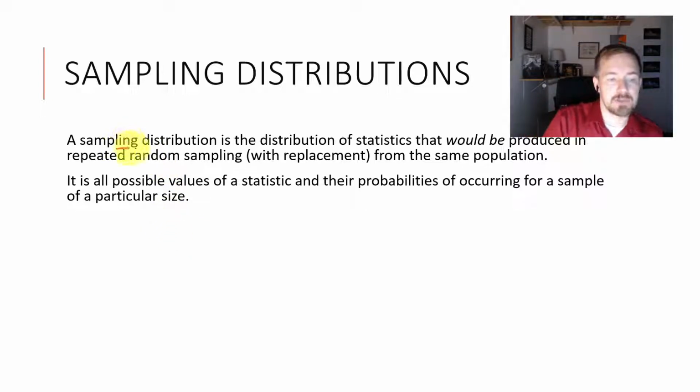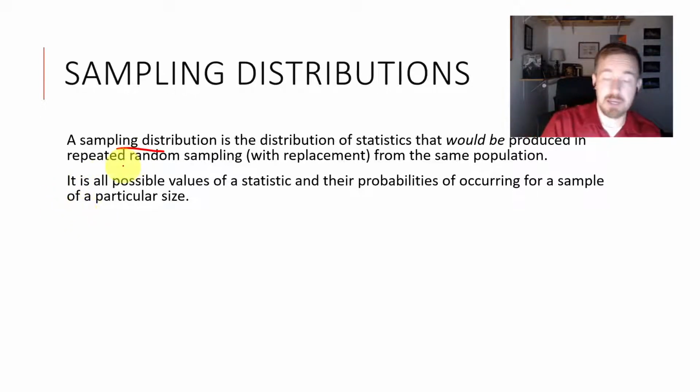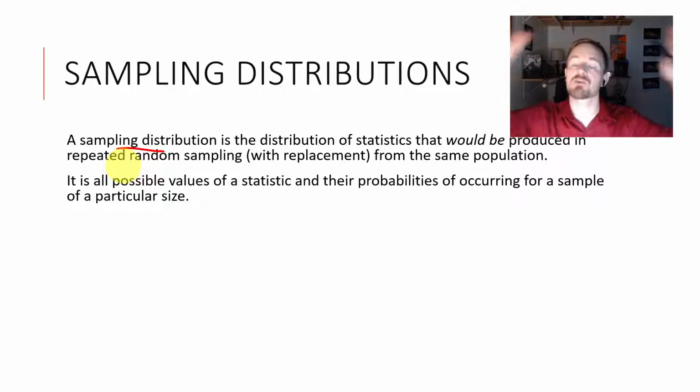So a sampling distribution is a distribution of stats that would be created if we were randomly sampling from the same population. This sampling distribution is a theoretical distribution. It's not an actual distribution, but it's essentially what happens whenever you have multiple samples, how they create their own distribution that should reflect the same characteristics of the population.